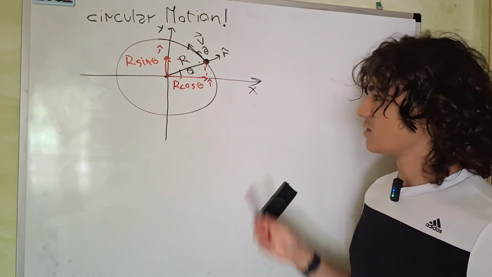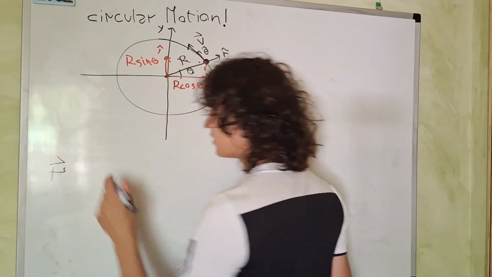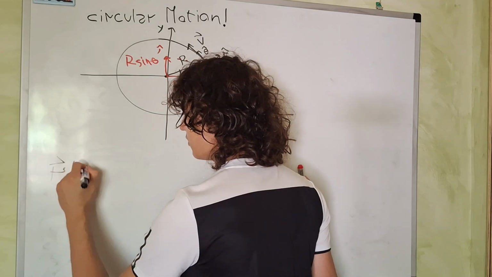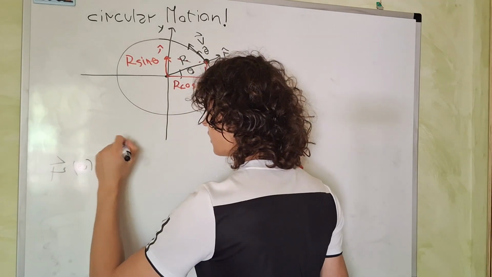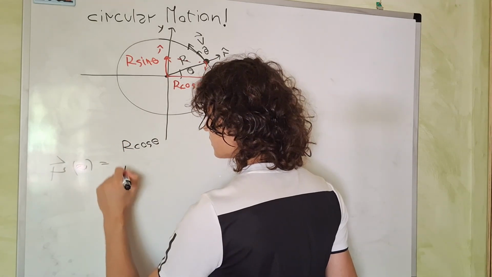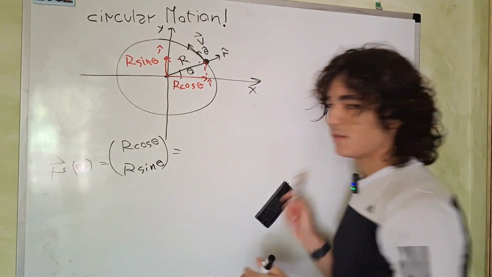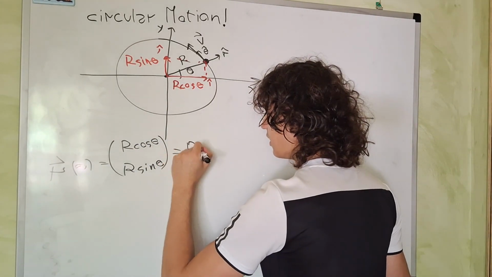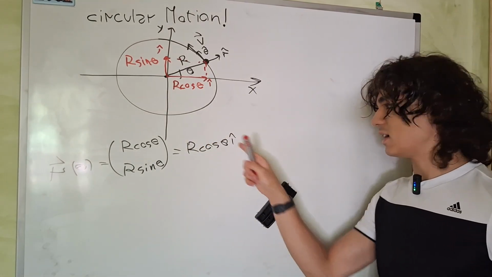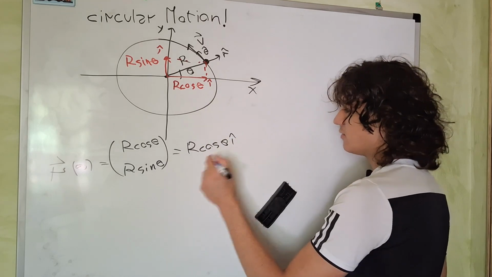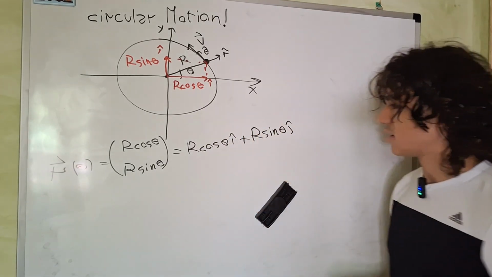We use unit vectors because that's a convenient way, because we have our position vector now as a function of theta, which equals r cosine theta in the x direction and r sine theta in the y direction, and this is equal to r cosine theta times the i hat unit vector plus r times sine of theta in the y direction.